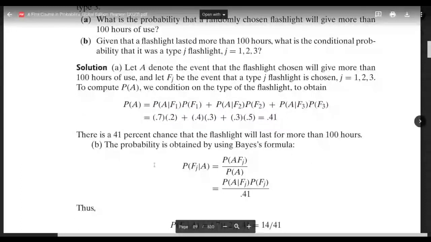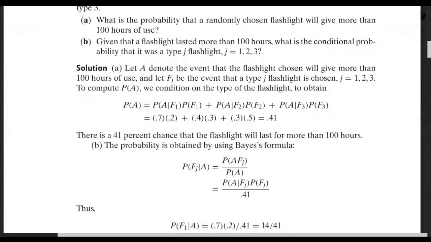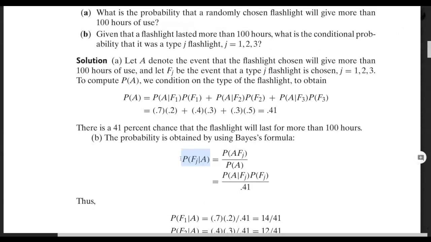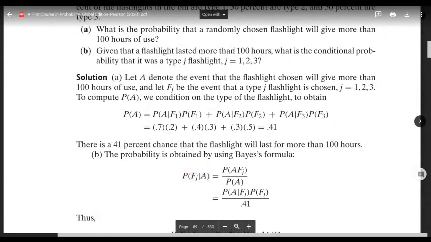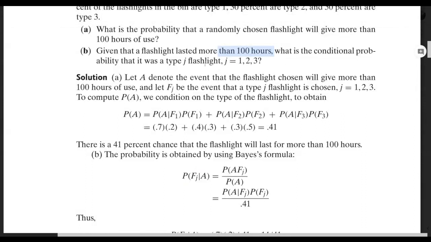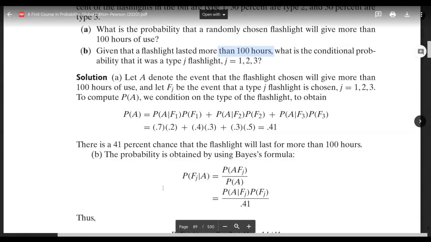And B, the probability is obtained by using Bayes' formula. Because this is given the event already, that they can be used for more than 100 hours. What is the probability that it was a type 1, type 2, or type 3?